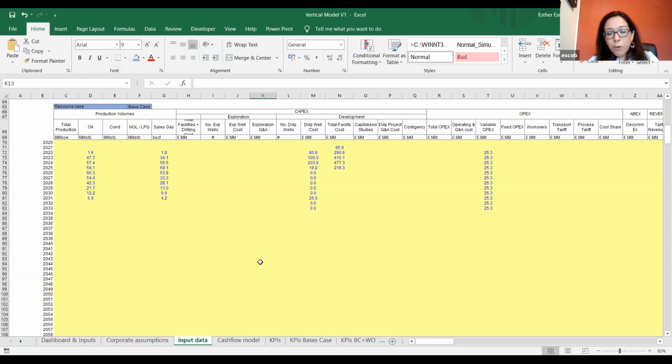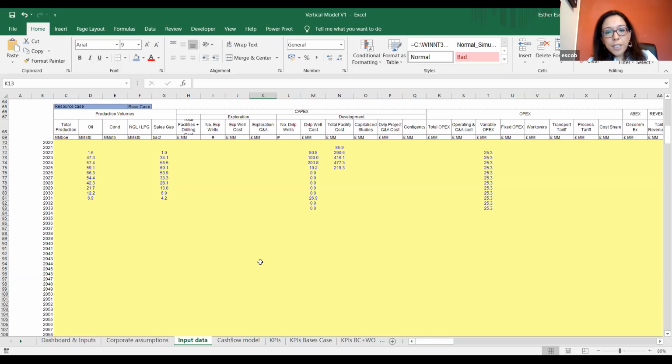For this case of cash flow, we have prepared 4 cases. The base case is 11 producer wells, and we have 4 water wells and 3 gas injection wells, for a total of 7 injection wells.